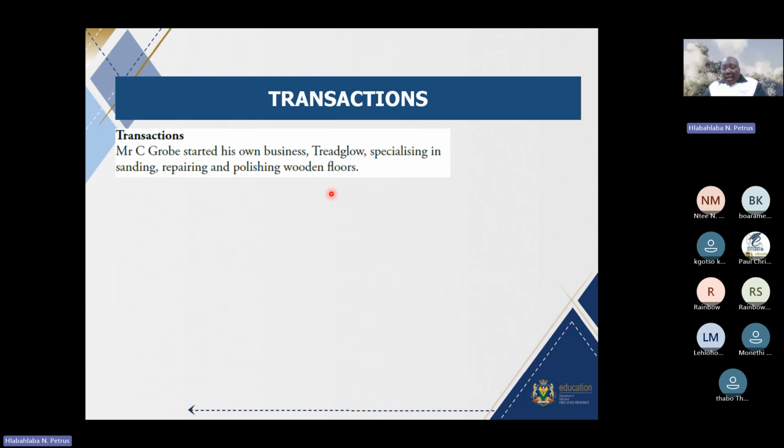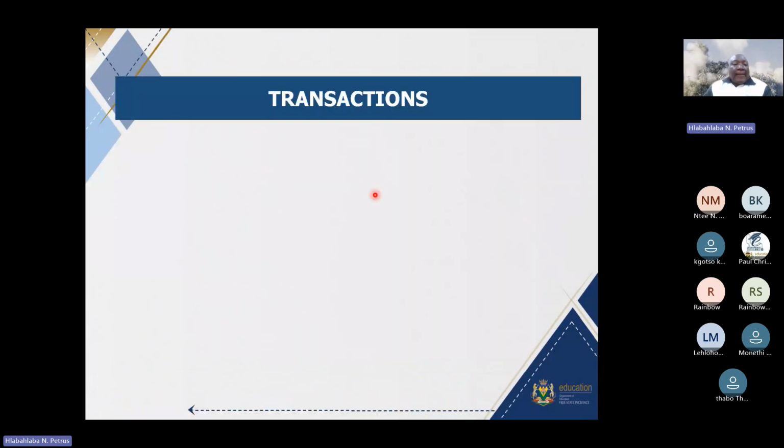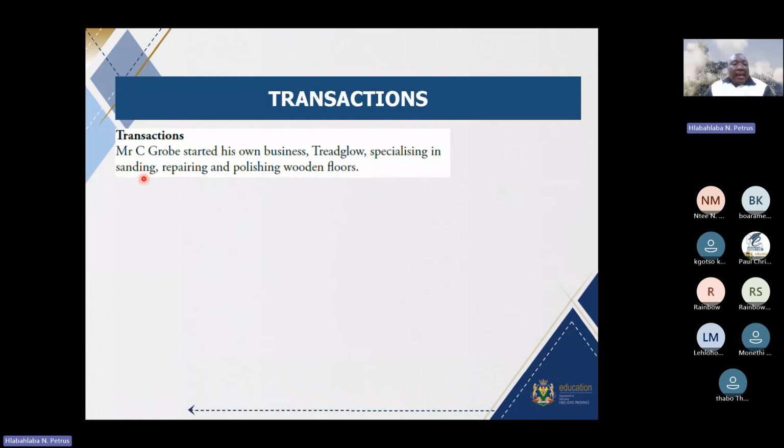In grade 8, we only focus on the services business. We don't have a trading business where you have sales and cost of sales. You will do sales and cost of sales when you get to grade 9. In grade 8, you are only focusing on the services business, where you have current income only.